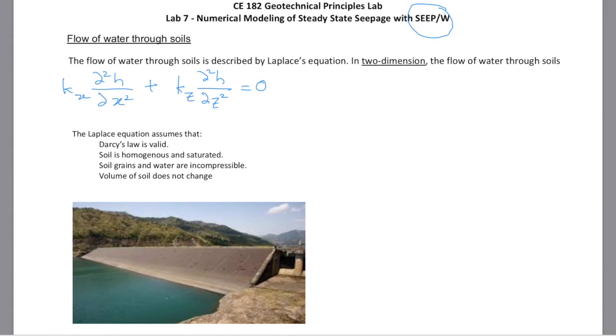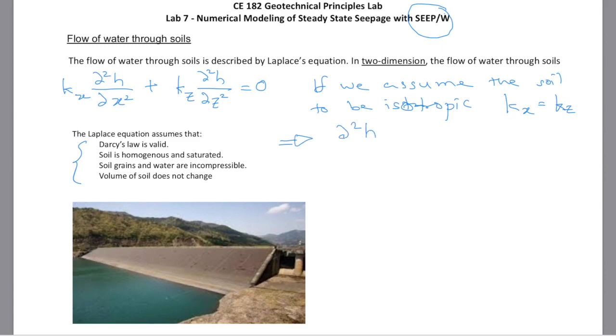The Laplace equation still assumes that Darcy's law is valid and soil is homogeneous and so on, that you have seen in CE 180. On top of that, if we assume the soil to be isotropic, that is Kx equal to Kz, it simplifies the Laplace equation. And that's what we are going to use for our homework today.